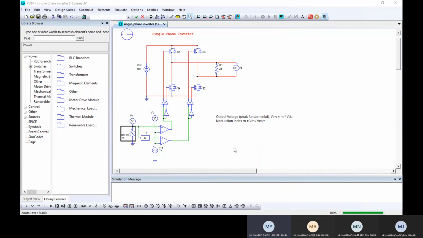And we can display the harmonic spectrum for Vout. That's all from me. Thank you.